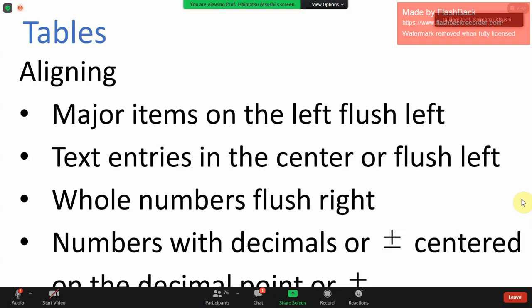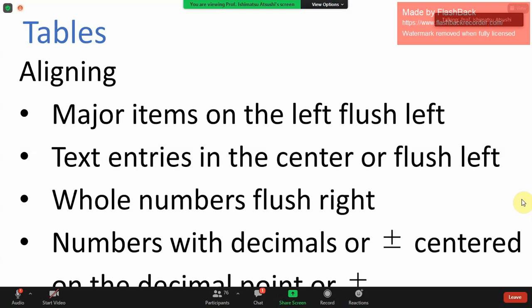One is major items on the left, flush left, flush left. Oh, my hand is going right, but flush left. This is left, okay? Texts maybe centralized or flush left.